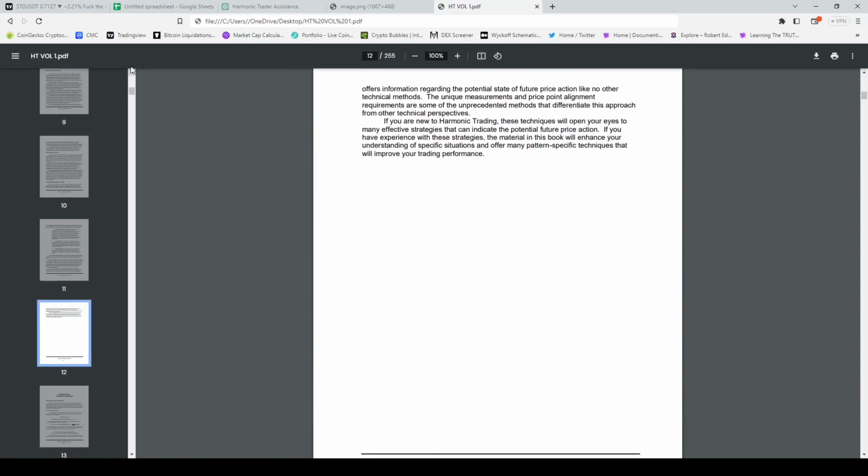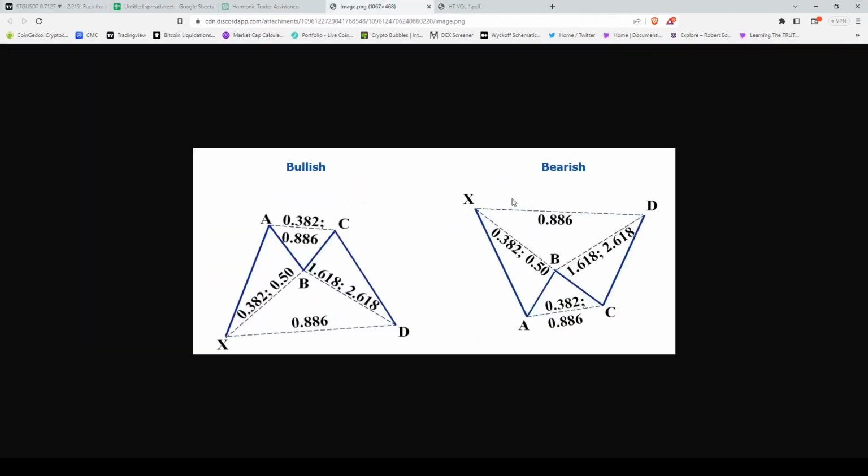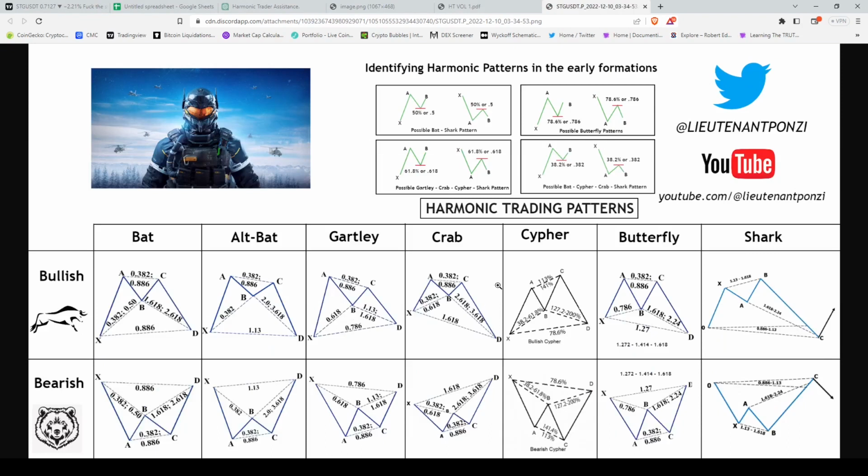So let's go ahead and start looking at the bat pattern. Just to get started, your bat pattern is going to look like this. You're going to have a bullish one and a bearish one. For each harmonic structure, let me pull up the entire list really quick. Give me 2 seconds. So this is going to be all of your harmonic structures.